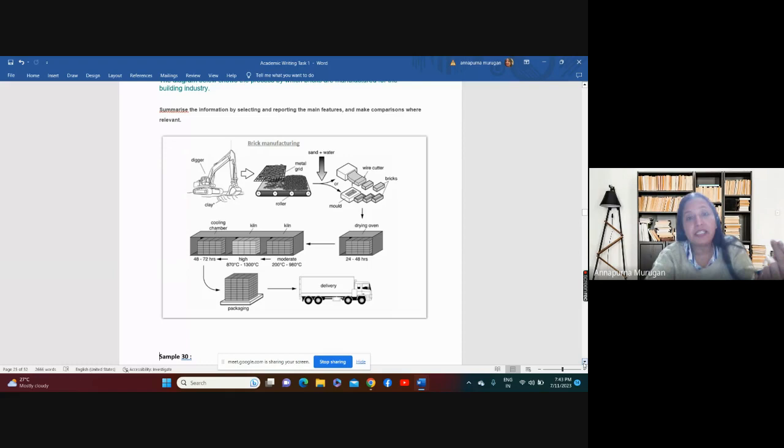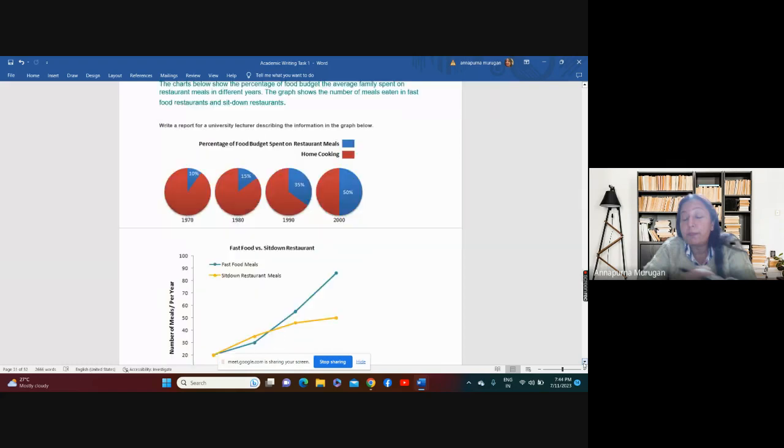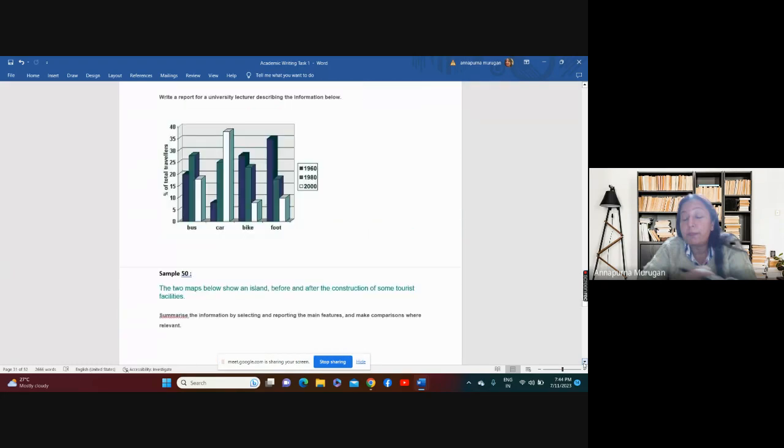Now, you can see here. Look at this. This is a description of an island. So this also they will be giving. This was a part of your IELTS examination. So we need to be ready to write anything and everything. These are some of the collections that we have.